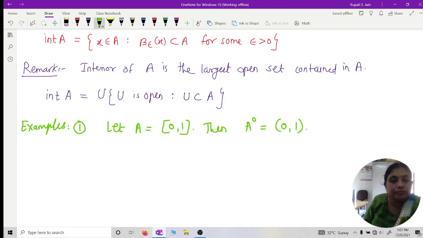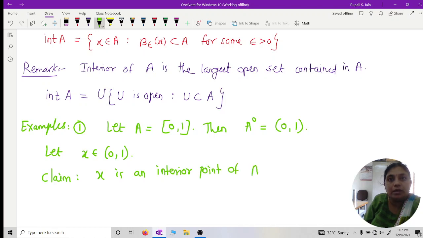Let x belong to the open interval (0, 1). Our claim is that x is an interior point of A. Why will x be an interior point of A?